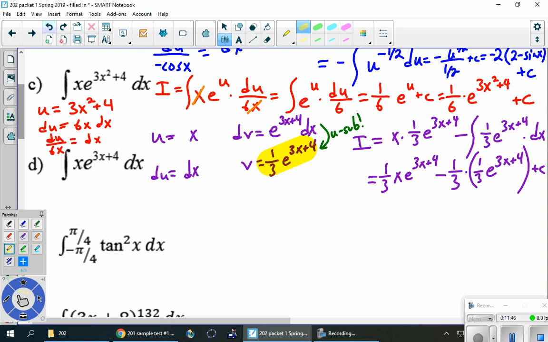Where did it get copied? Right there. Okay, and then just one last step is to smush together those 1/3 at the end. So we'll call it 1/9, and then I think this one is done.